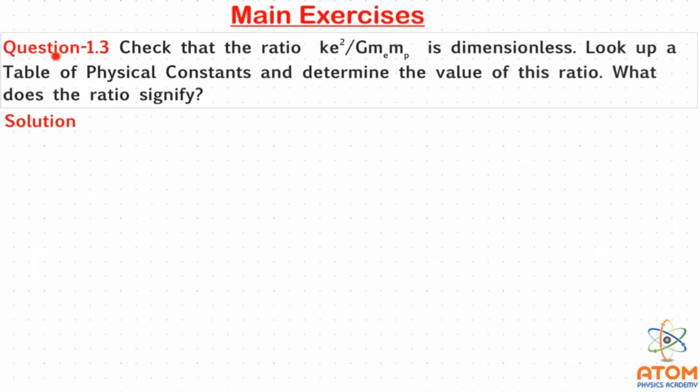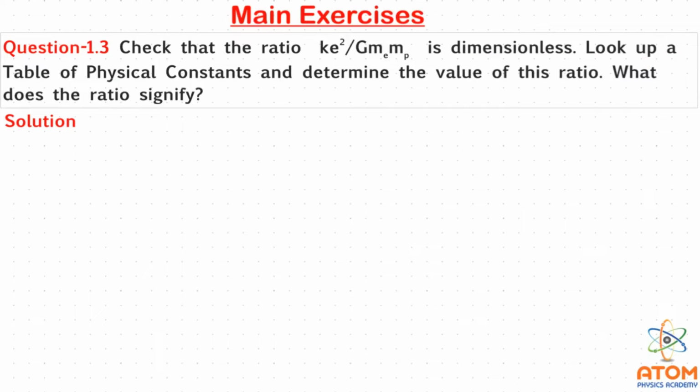Let's see question 1.3. Check that the ratio k e square upon G me mp is dimensionless. See, this k is the proportionality constant in the Coulomb equation, e is the charge of electron, G is the gravitational constant, me is the mass of electron, and mp is the mass of proton. And we need to prove that this ratio is dimensionless.